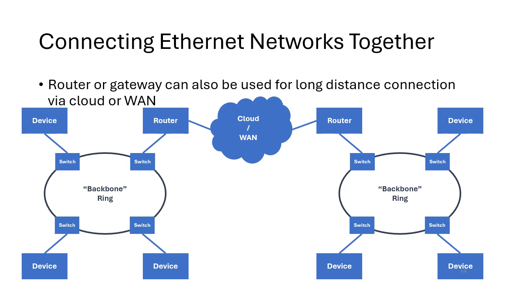Normally, up at that cloud layer, it's either a fiber or an RJ45 copper type connection, and the actual details of what's in the cloud or the WAN are normally out of the scope of someone performing PLC type projects. All you know is that you plug into that network and your messages will be routed to the far end, and the cloud or WAN connection takes care of that.